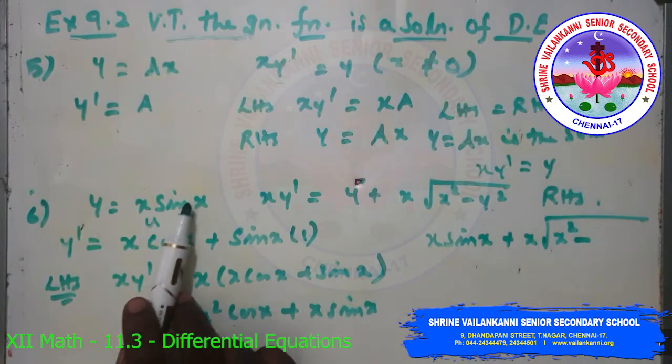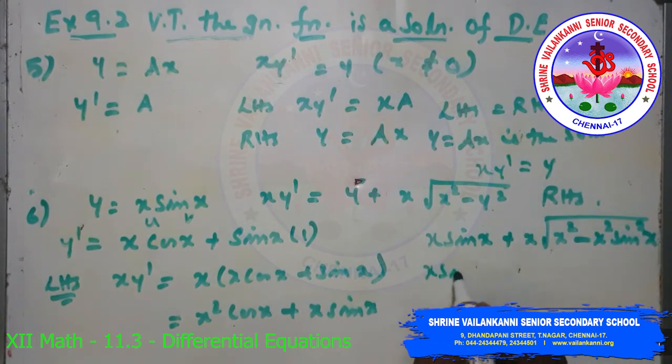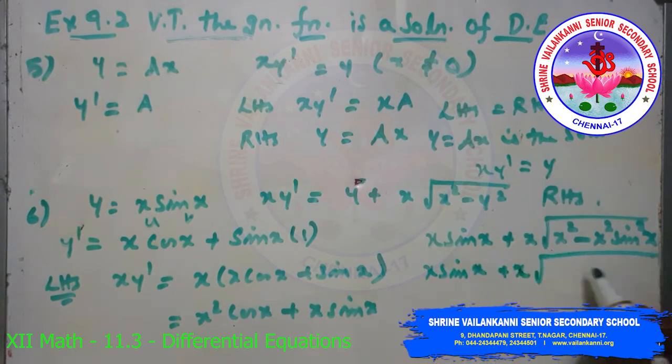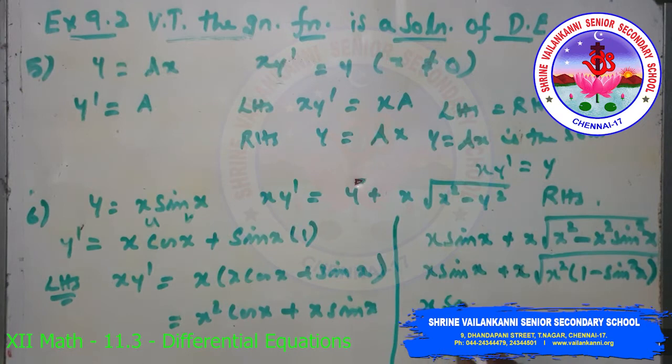So y square is x square sin square x. So we have x sin x plus x into root of, taking x square common, 1 minus sin square x. So 1 minus sin square x is cos square x. So I am writing this as x sin x plus x into root of x square cos square x.